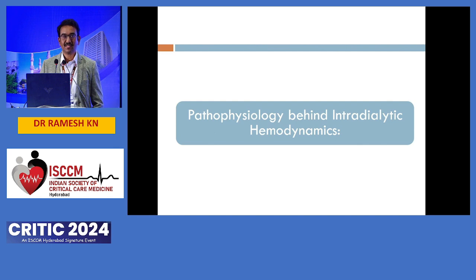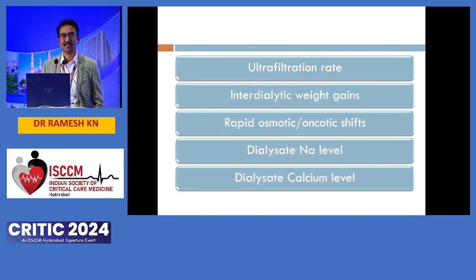So coming to pathophysiology, there are mainly 4 or 5 mechanisms we need to understand to prevent and treat intradialytic hypotension. They are the ultrafiltration rate, interdialytic weight gain, rapid osmolar or oncotic shifts, dialysate sodium concentration, dialysate calcium concentration, and the temperature during dialysis.